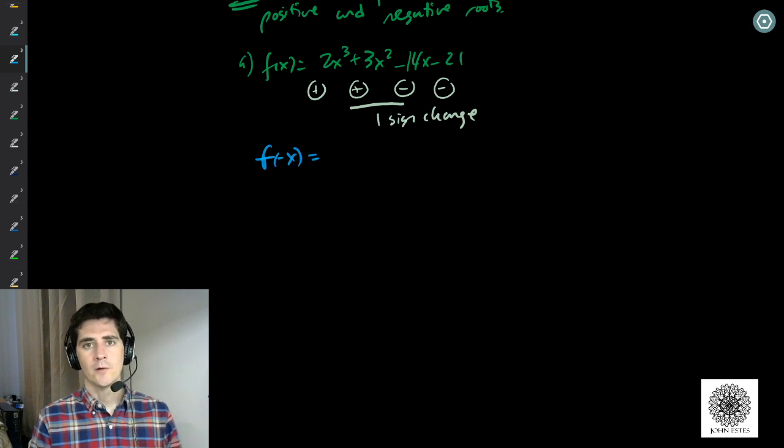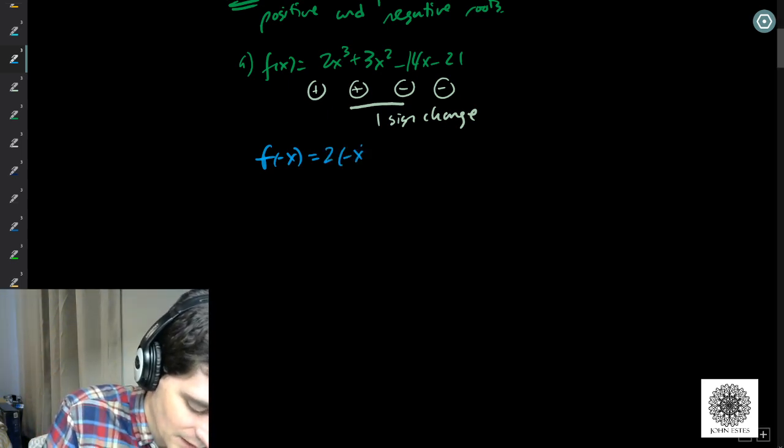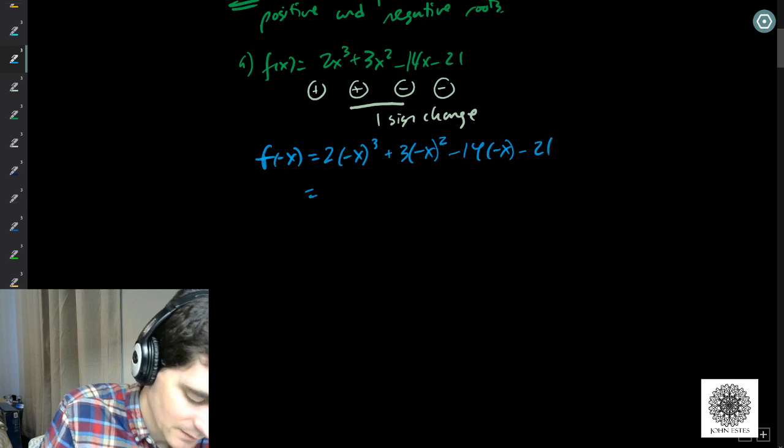But for the odd powers, like negative x times negative x times negative x is negative x cubed. So if I plug in, here's what I'm trying to say. If I say 2 times negative x cubed plus 3 times negative x squared minus 14 times negative x minus 21, that simplifies like this.